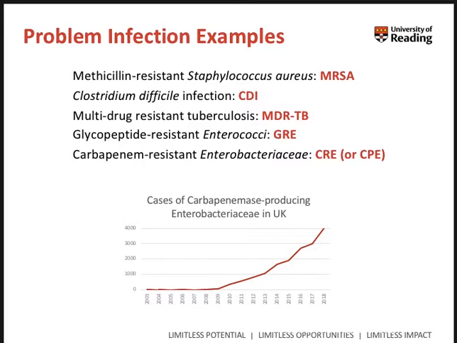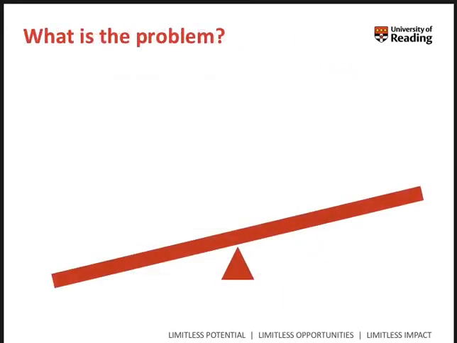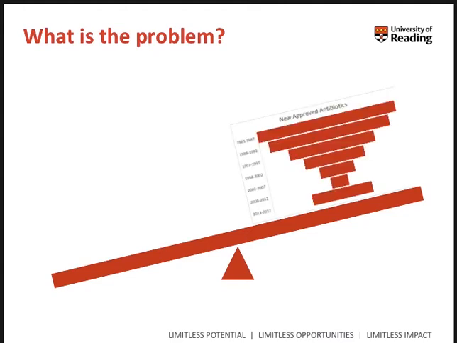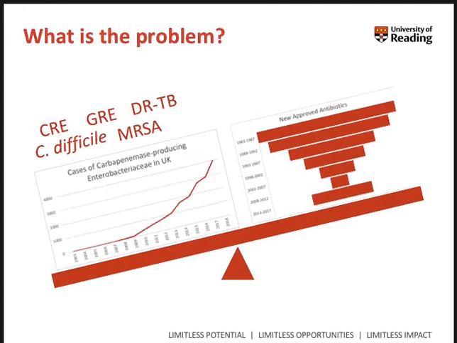And they're resistant to these antibiotics as well. So, a summary of our problem. At the same time as the decrease in development and approval of new antibiotics, we have the increase in some of these particularly problematic infections, many of which have multi-drug resistance and are quite difficult to treat, or we have far fewer agents that we're able to treat them with.